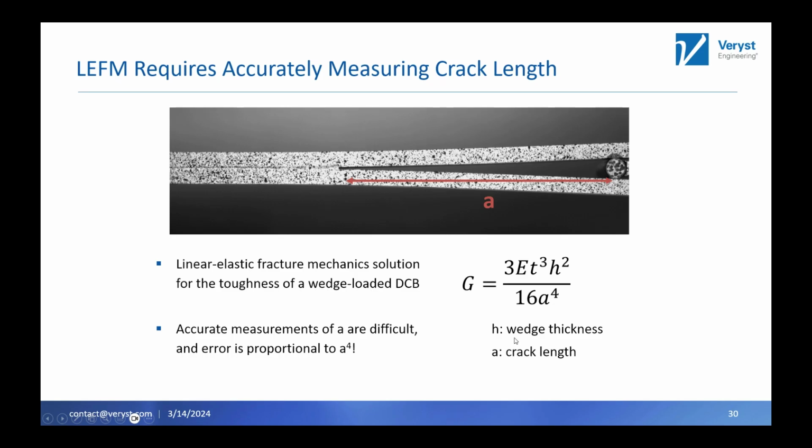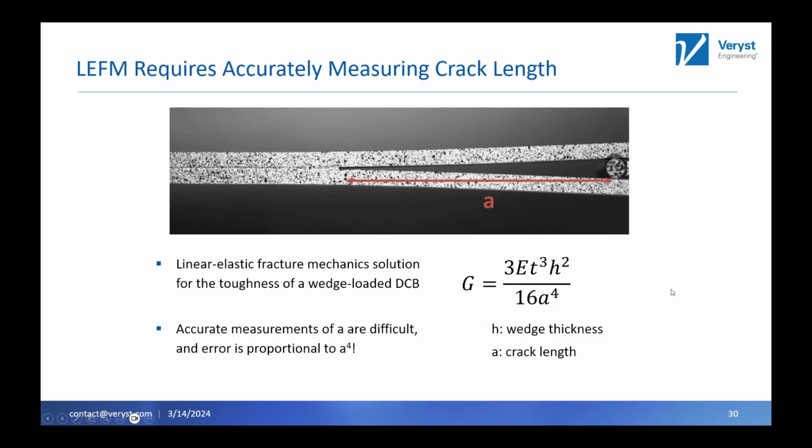That means that the inaccuracy in the measurement of the crack length is also raised to the 4th power. So not only is it the most difficult thing to measure during the test, it's also the measurement that's going to cause the most error in our calculation of the toughness of this joint. So we don't use this expression to calculate the toughness.